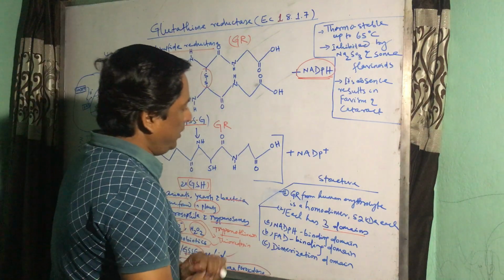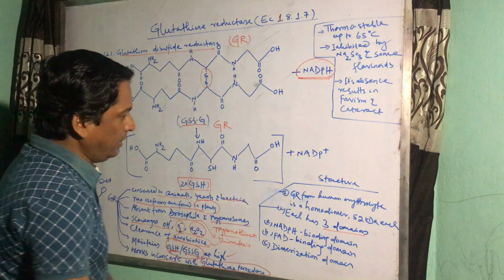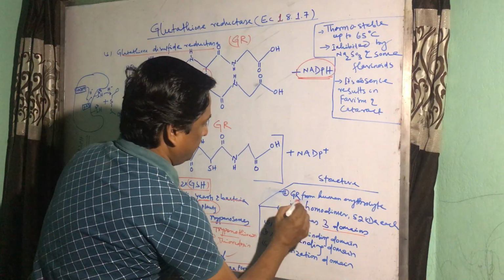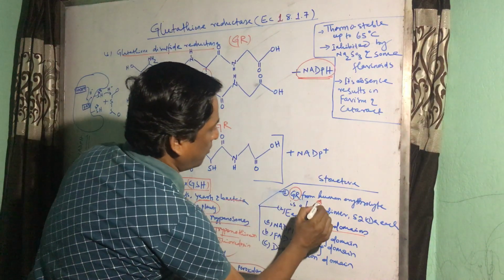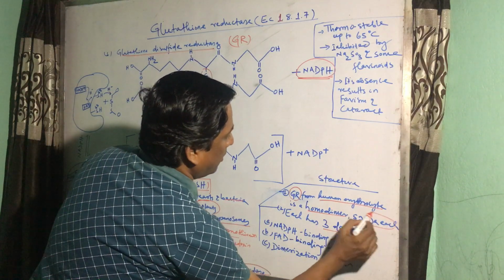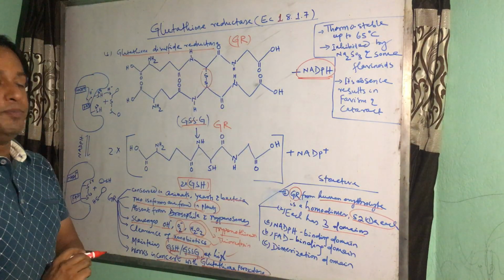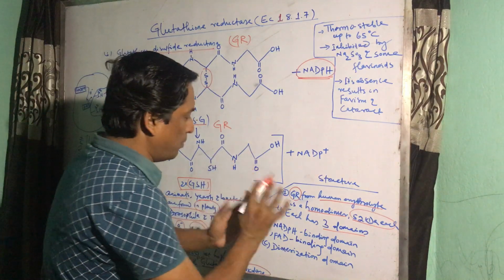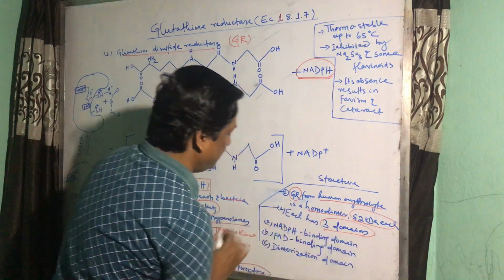To briefly look at the structure of this protein, the glutathione reductase from human erythrocyte is a homodimer, and each monomer is 52 kilodalton, and each monomer contains three domains.